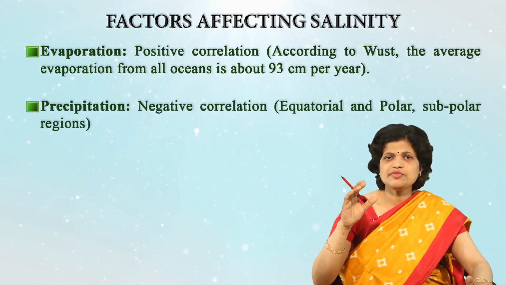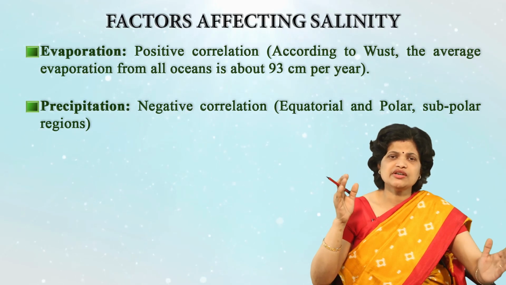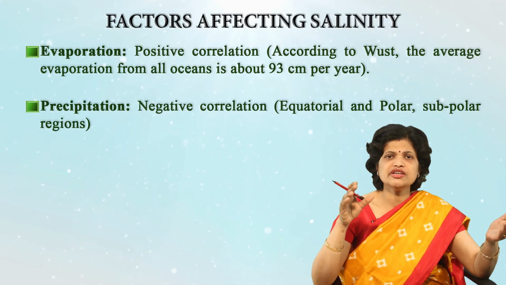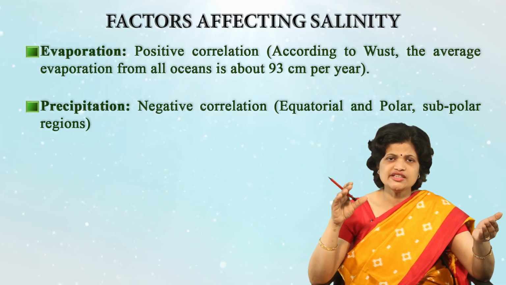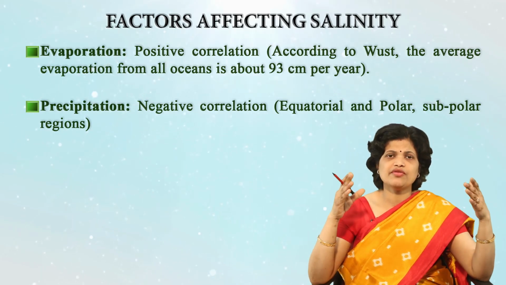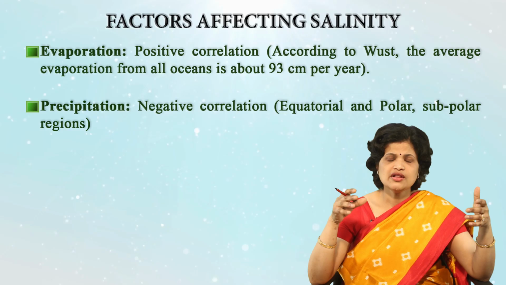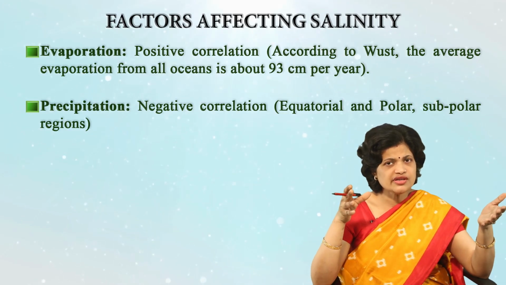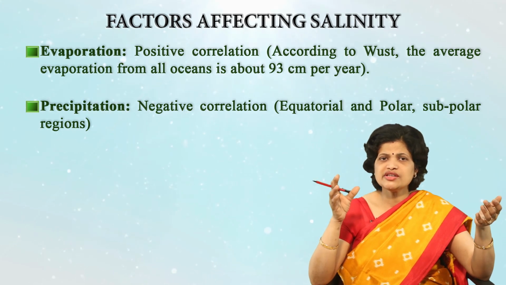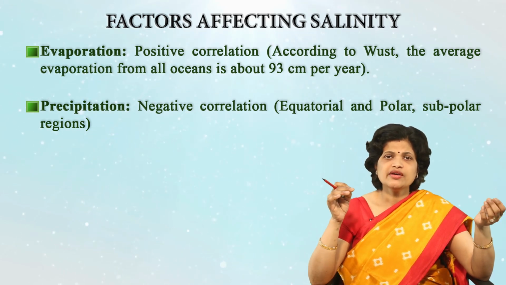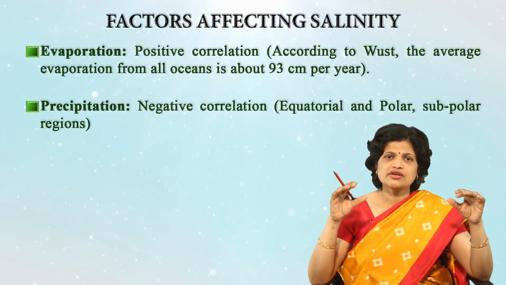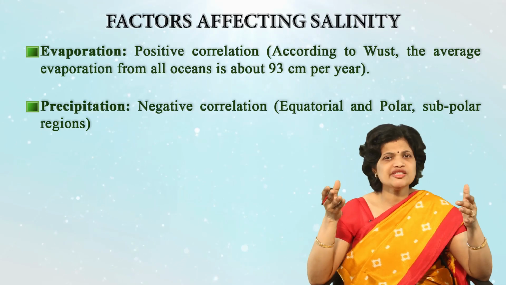Now, coming to precipitation, you can just correlate. Precipitation has a negative correlation with the amount of salinity. Since fresh water precipitates in the form of rainfall or snowfall, whether in equatorial regions in the form of rainfall, or in the polar or subpolar regions in the form of snowfall, it will increase the water content in the ocean water, so the proportion of salts will automatically decrease.